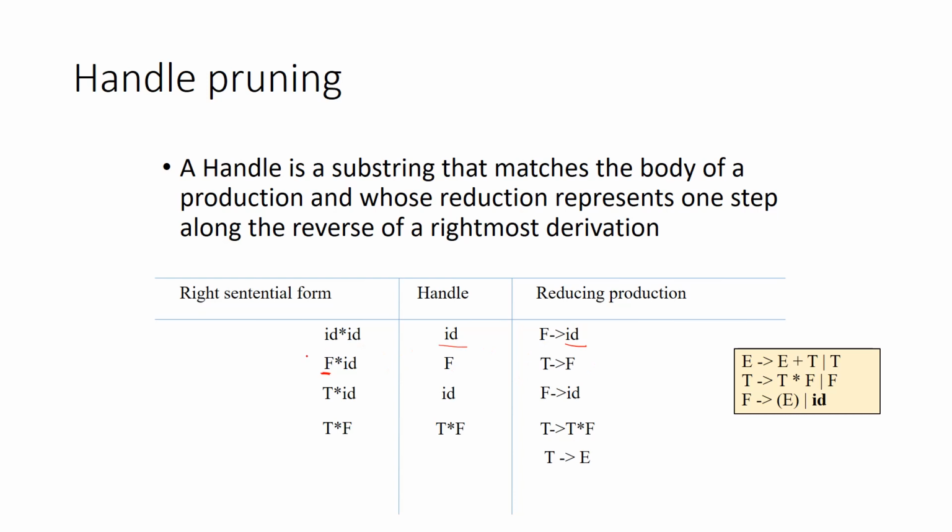Now there is another production, T derives F. This F matches this particular production, so F has to be replaced with T. Similarly, this ID matches F derives ID, so this ID has to be replaced with F. Now we have a substring T star F, which matches the body of this particular production, so we replace that with T. And now this T matches the production E derives T. So we are arriving at the starting symbol.